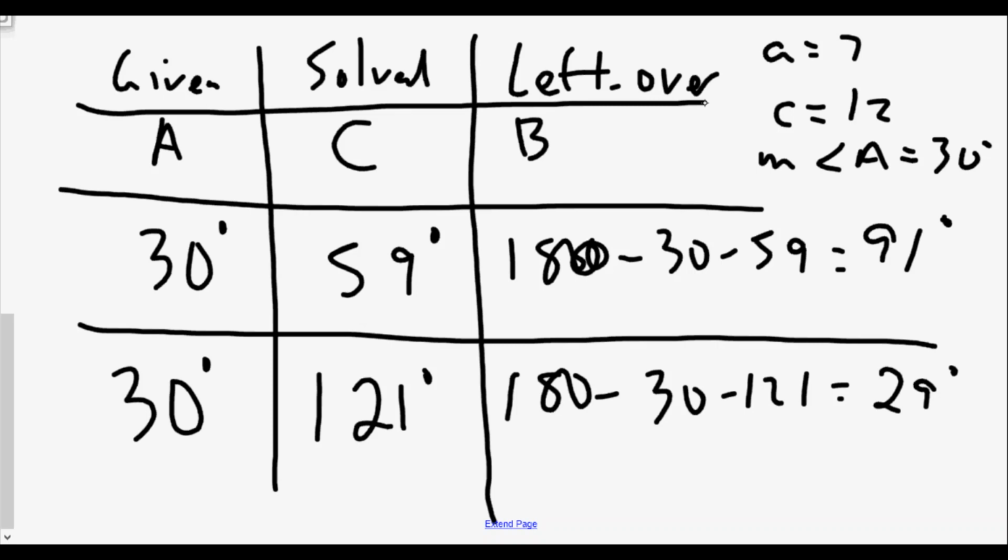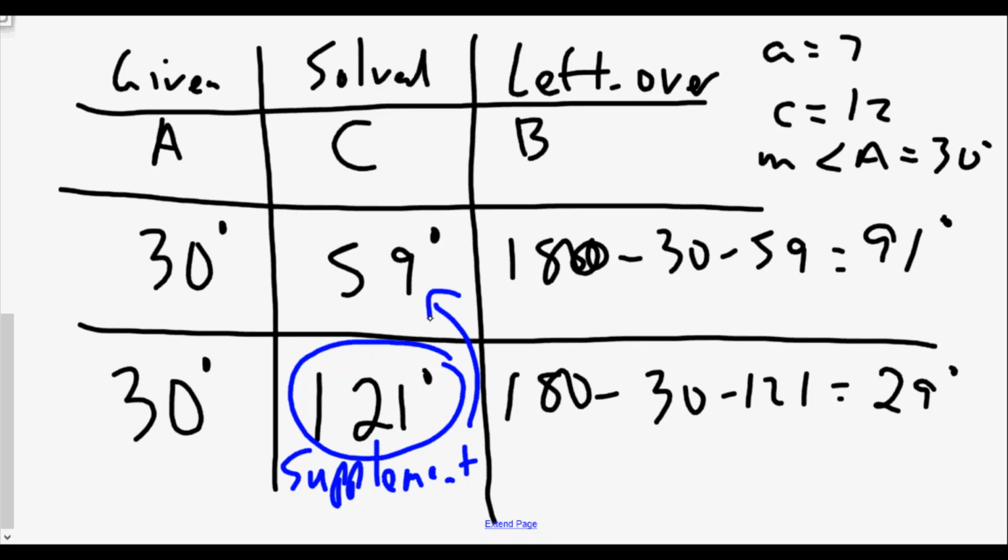And we did. We found that angle C was 59 degrees, and the leftover angle B would be 91 degrees. Then we explore the possibility that the solved angle is the supplement of the angle of 59 degrees, and thereby see, is there enough degree measure left for angle B to create a different triangle?